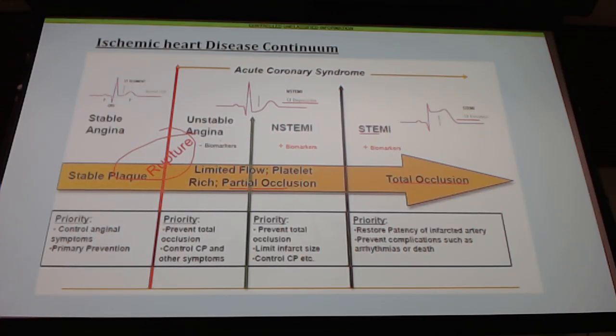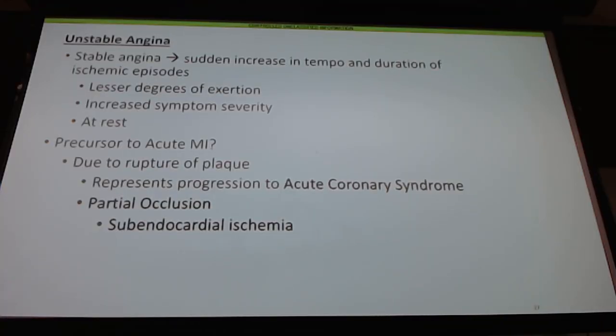But now to help you differentiate between the two non-ST elevation ACS syndromes, you're looking at what the biomarkers are doing. In unstable angina, you don't have an elevation in your biomarkers. In a non-ST elevation MI, you do have positive biomarkers. So the troponins will be positive. And this just gives you that idea.